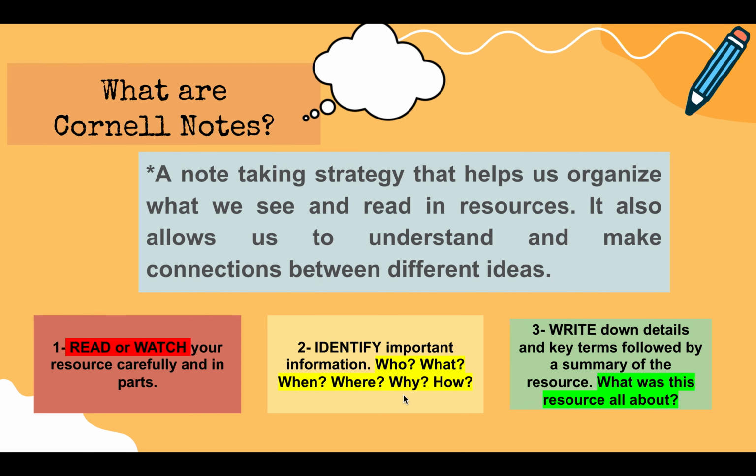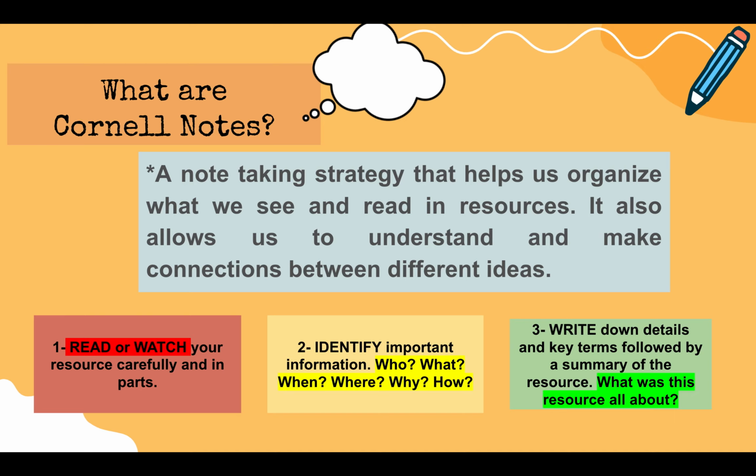So remember, in order to use Cornell Notes effectively, 1, you need to read or watch your resource carefully and in parts. You're reading it or watching it in parts because you want to allow yourself time to understand what it is that you're looking at. 2, we want to identify important information such as who, what, when, where, why, and how.